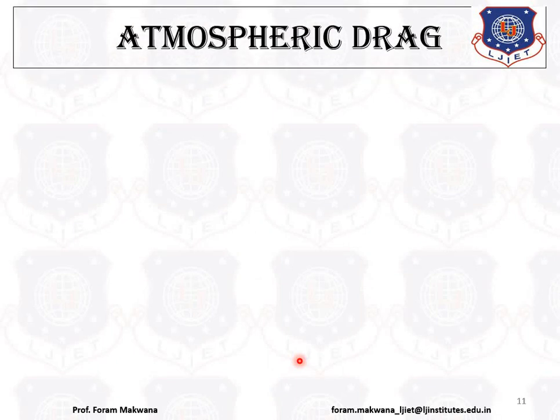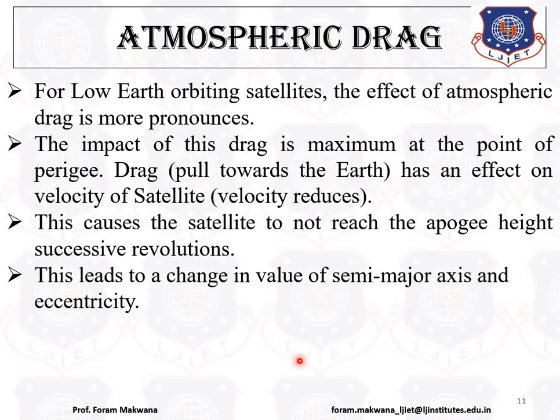Now the atmospheric drag. Atmospheric drag is mostly pronounced for LEO, that is a low Earth orbit satellite. The impact of this drag is maximum at the point of perigee.